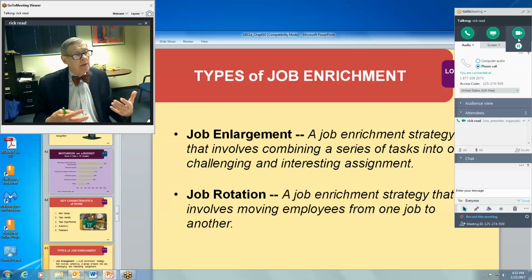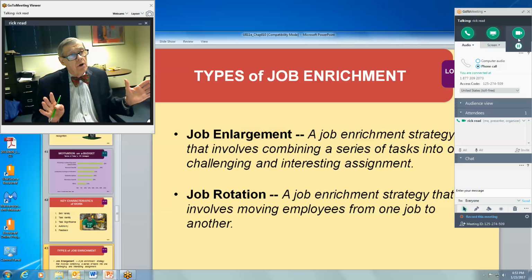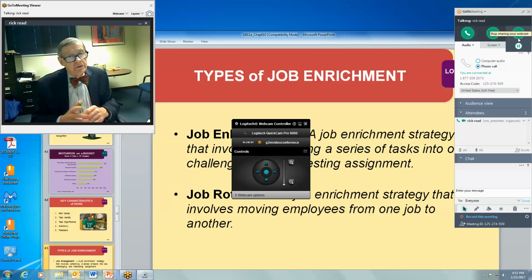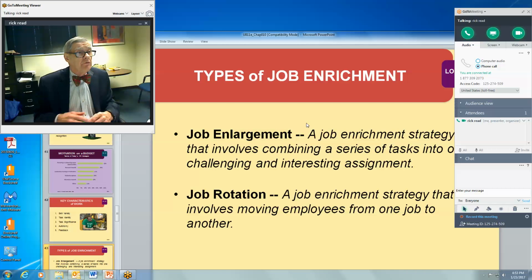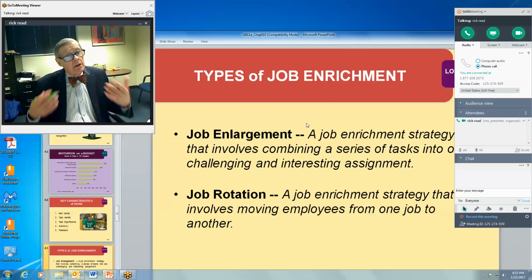So it's bringing other tasks in. Obviously, the tasks have always been related, but they've been performed separately. Job rotation is exactly what it says. That's moving people around from job to job within an organization, so they become more valuable to the organization, and so that they learn more, and they're able to do more.